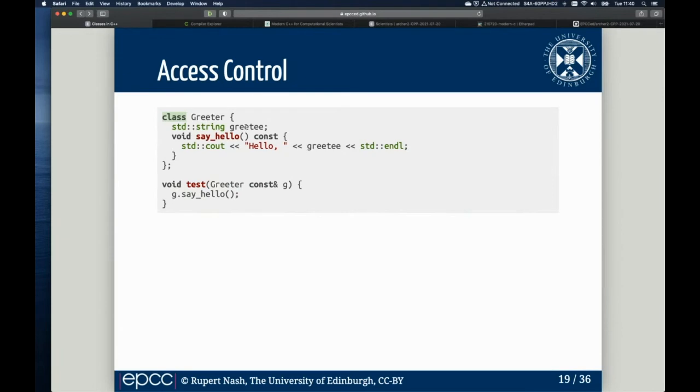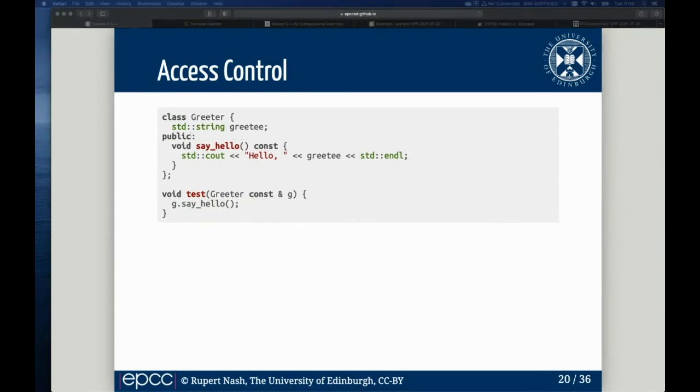If we were to try and do this, if we say have a class called greeter, so this is a class type, so its members are private by default. It has a member greetie, the person that is being greeted, and it has a member function say hello that prints a suitable greeting. So if I try and use this in this function here to say hello, I'll get an error, something like say hello is a private member of greeter, and the compilation process will stop.